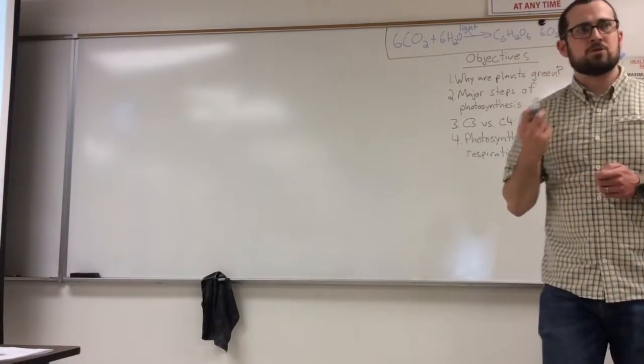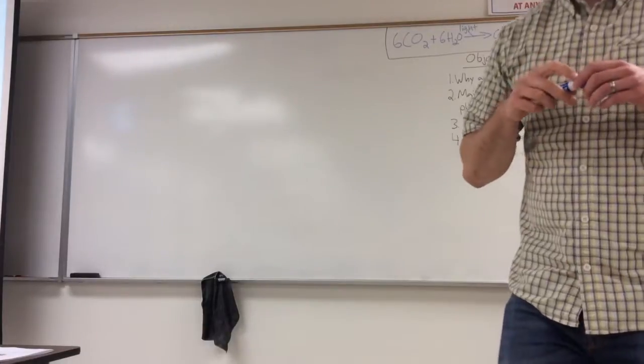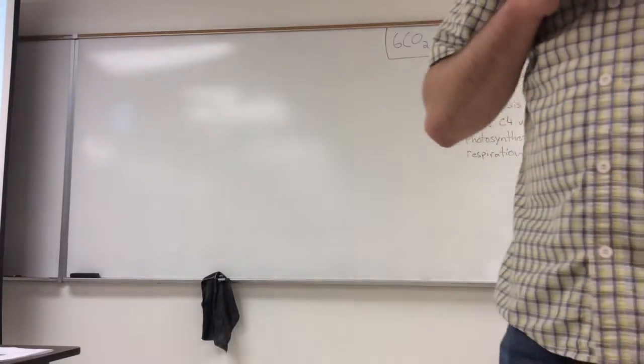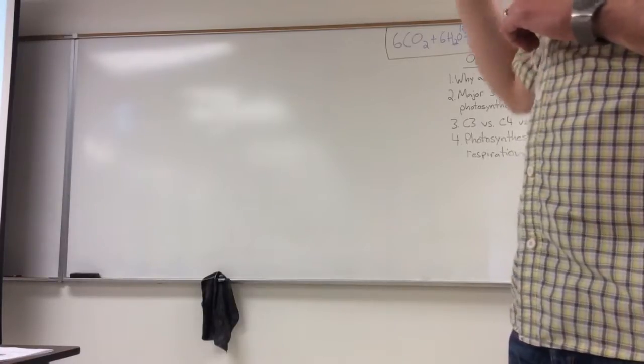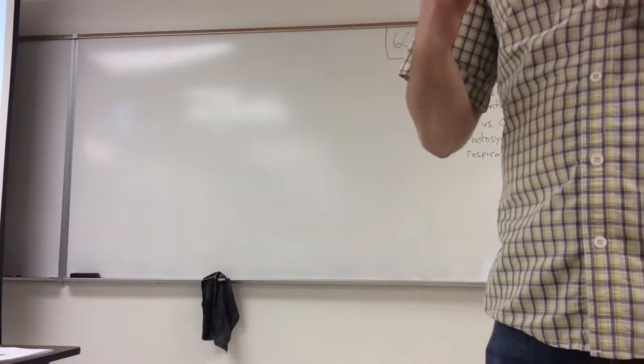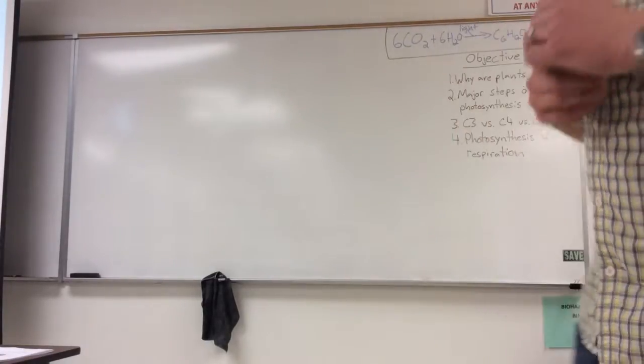And so just like we did last week with our respiration talk, I'm going to leave this equation up on the corner of the board here, and as we go through the lecture, we're going to try to figure out where each of these things are used.